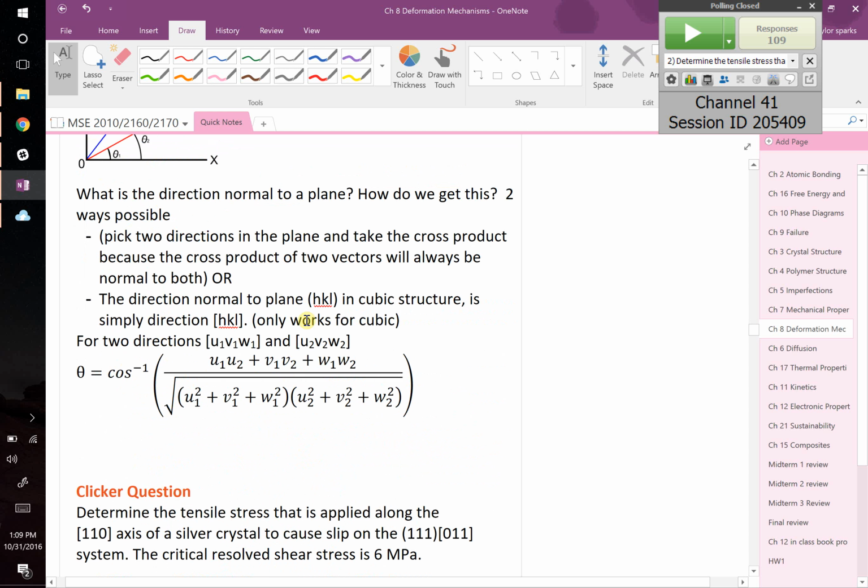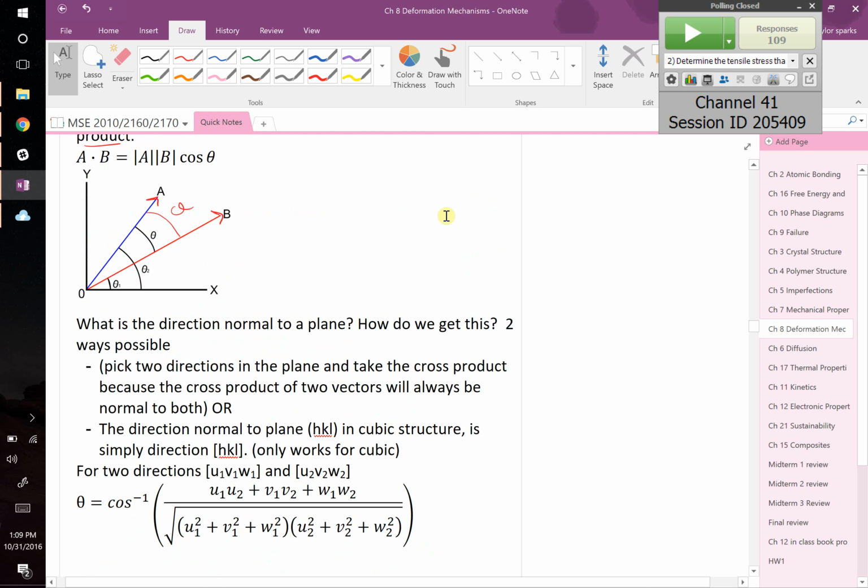Now, how do we figure out the direction normal to a plane? Let's say that the slip system is the 111 plane, and we said it's along the 110 family of directions. How do we figure out the actual planes associated with that? First, we have to figure out what direction is normal to this plane, right? So normal to that plane, that's the perpendicular. It's actually this direction, the 111, in the cubic system.